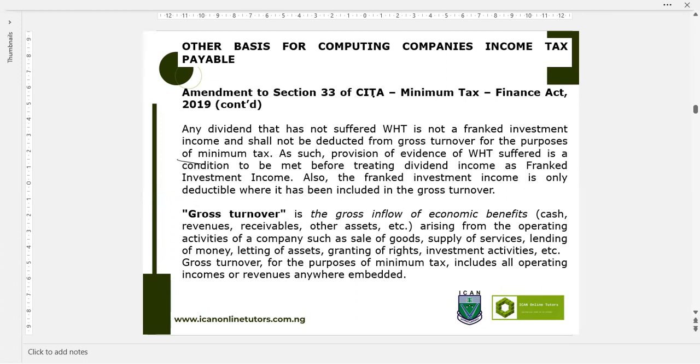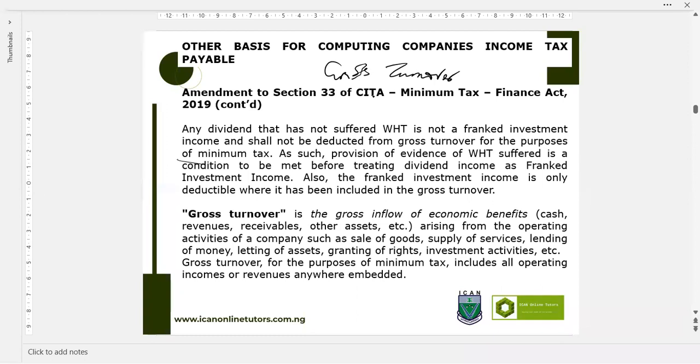So it will be taken as part of the gross turnover. So for dividend to qualify for deduction from the gross turnover, it must have suffered withholding tax at source. So provision of evidence of withholding tax suffered is a condition to be met before treating dividend income as frank investment income.